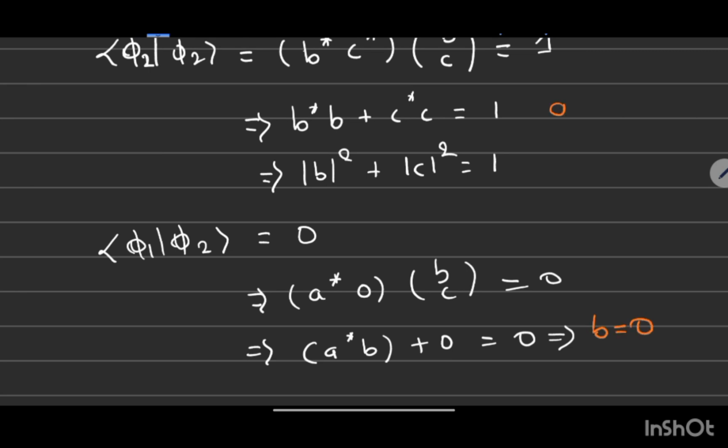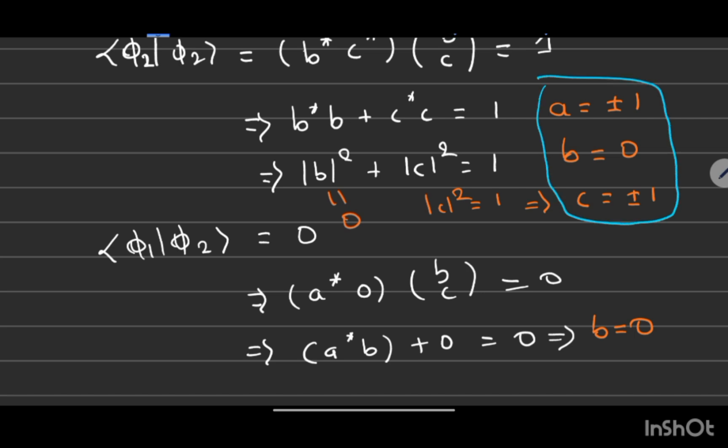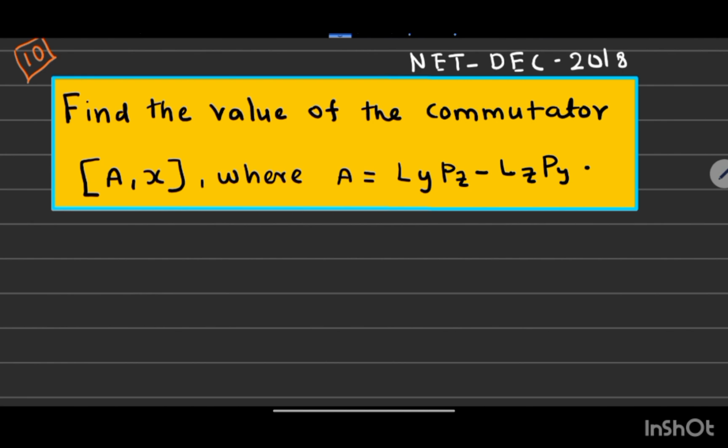So we found A is equal to plus or minus 1 and B is equal to 0. If B is 0, then mod C squared is equal to 1. Therefore C is equal to plus or minus 1. So these are the values of the three constants: A is equal to plus or minus 1, B is equal to 0 and C is equal to plus or minus 1.